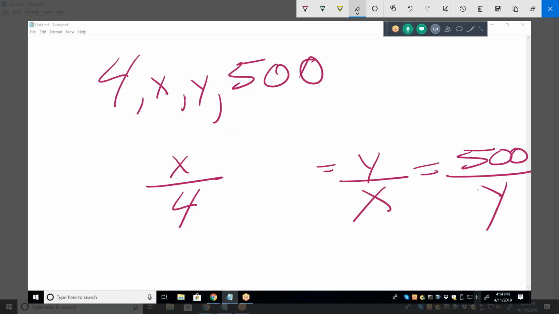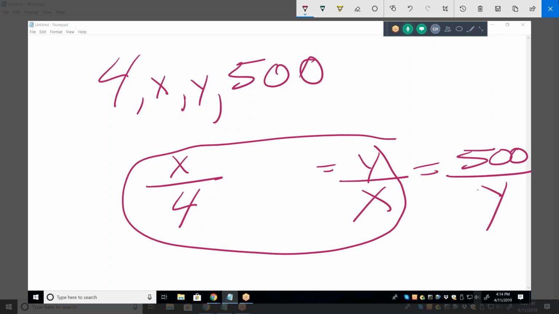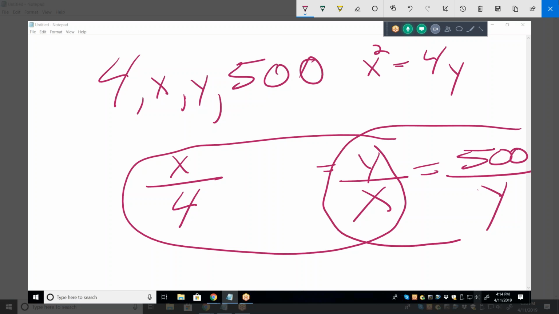Okay, so here's our two equations. We got two variables. Working with this one first gives us x squared equals 4y. And then working with this one over here gives you y squared equals 500x.